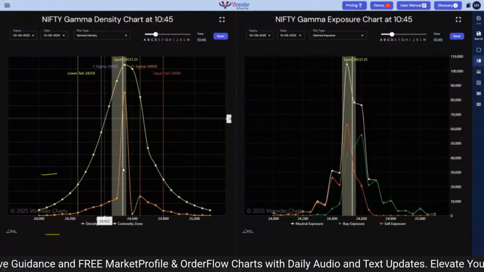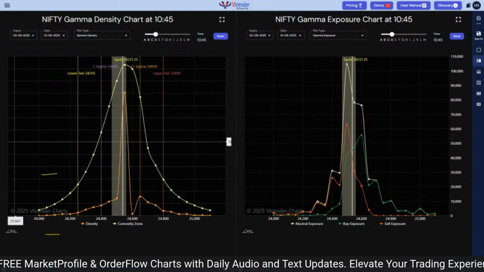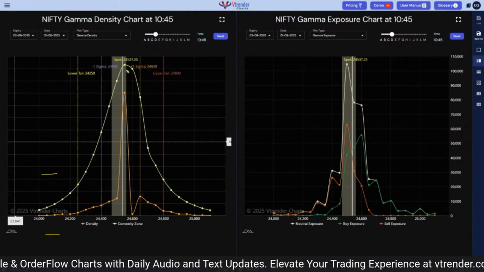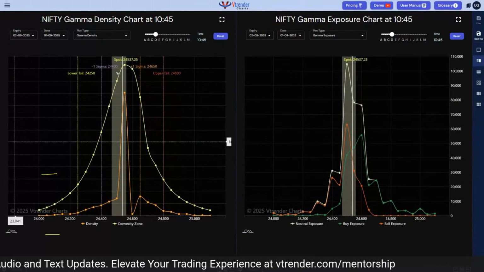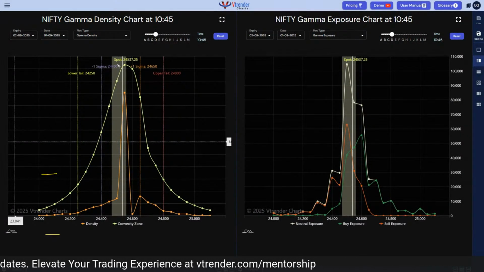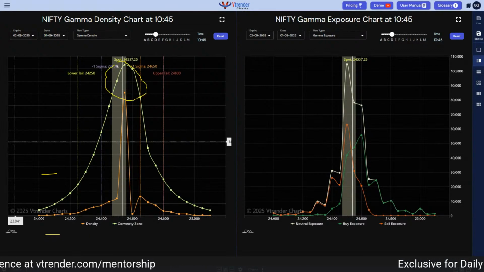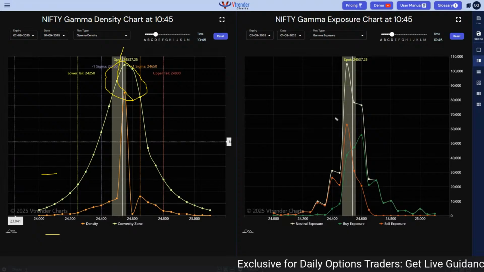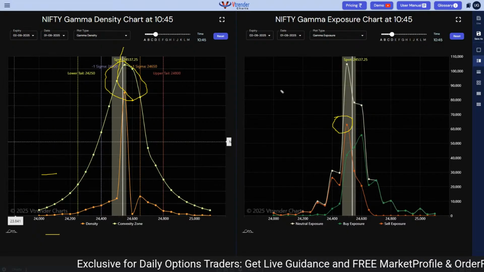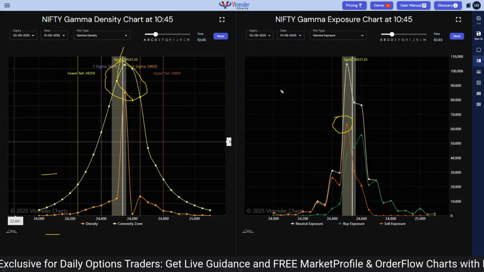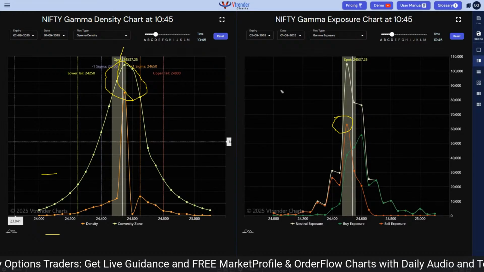in the first part of the day, this convexity, the density on the left is the gamma density chart, how this convexity and the density both were pointing at 24,500. So this was telling us that this is a short gamma market, because in the gamma exposure chart on the right side, it is very clearly showing 24,500 is short gamma.